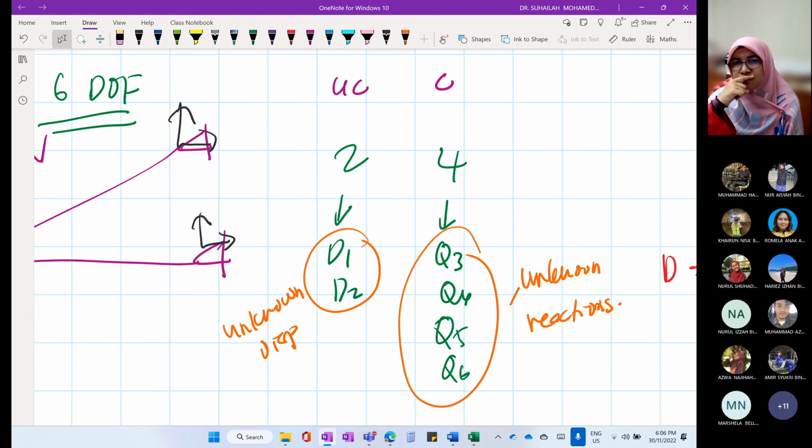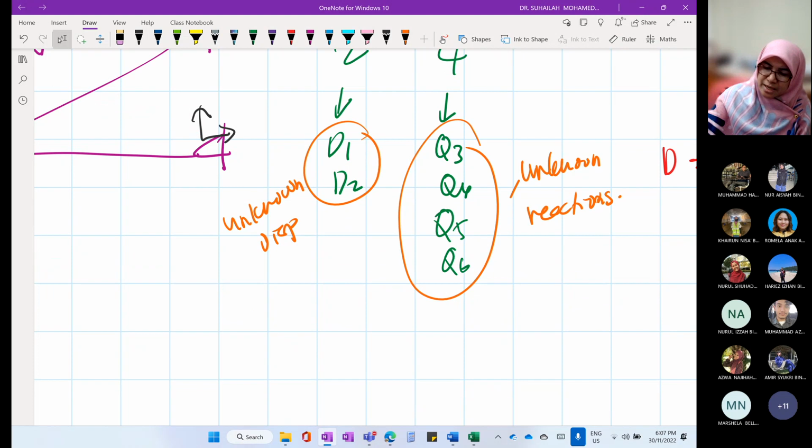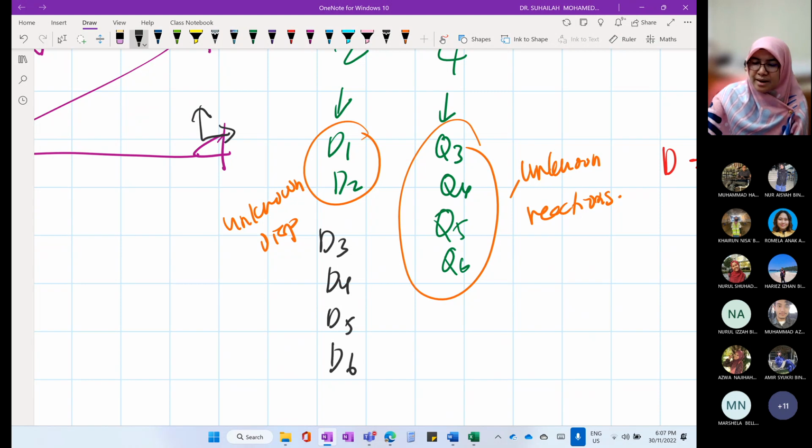What is the displacement value at the support? At the support, is there a displacement value for D3, D4, D5, D6? Is there a value? There is none.